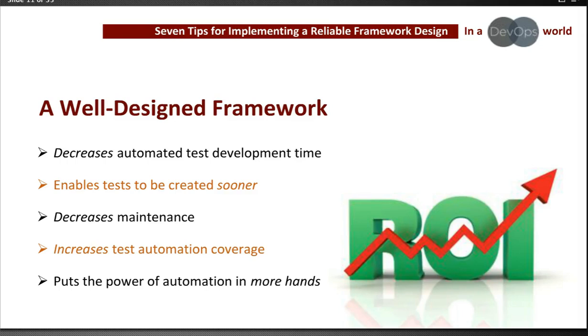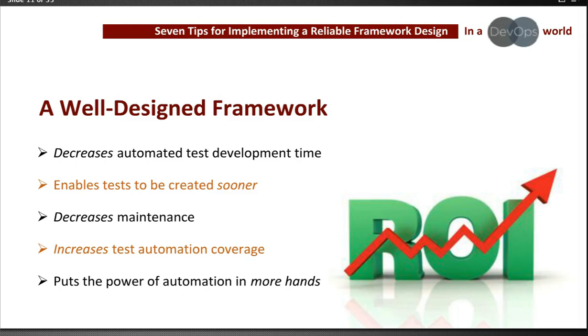So as long as you've got collaboration with development and you know the description of an object and the functionality, you can start creating your automated test, again, before the UI is ever developed. So that's incredible. It decreases maintenance.